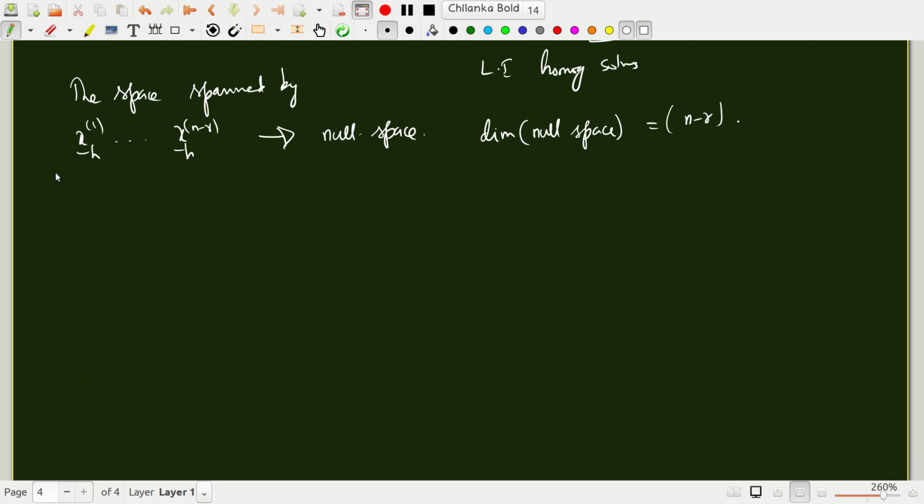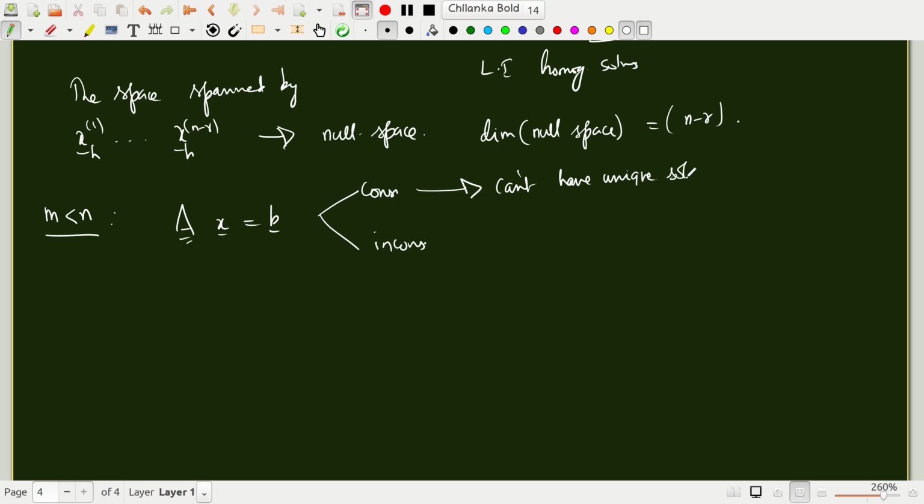Now, if you have m less than n, Ax is equal to b has either a consistent or inconsistent solution. If it is consistent, you cannot have a unique solution in this case, because you don't have as many equations as unknowns.